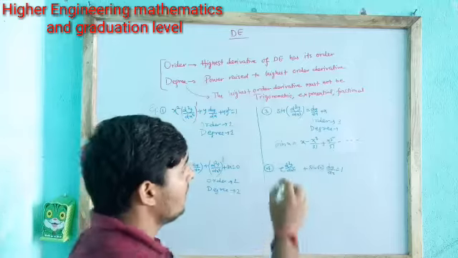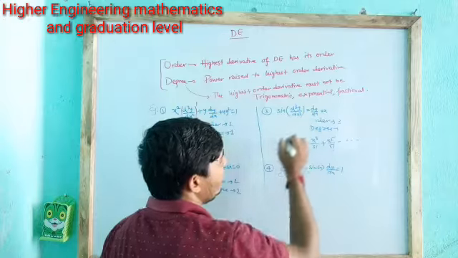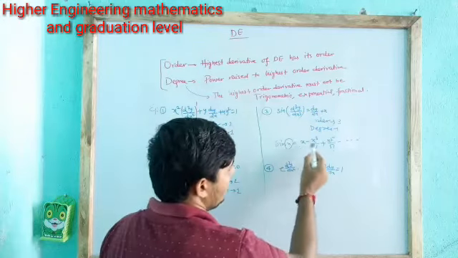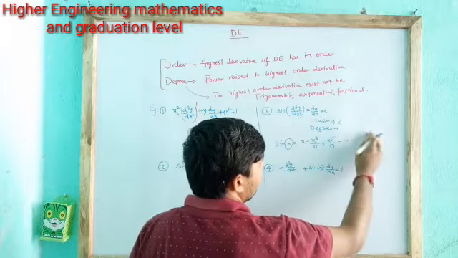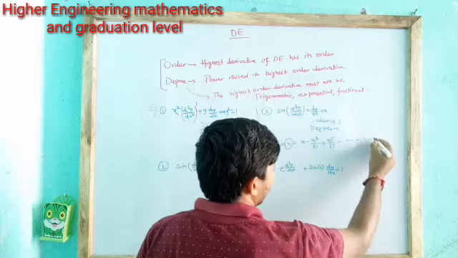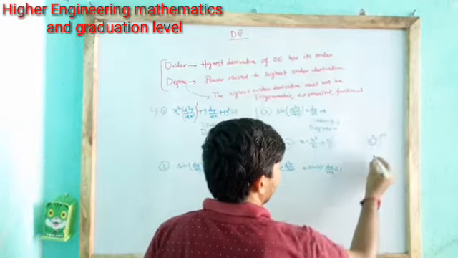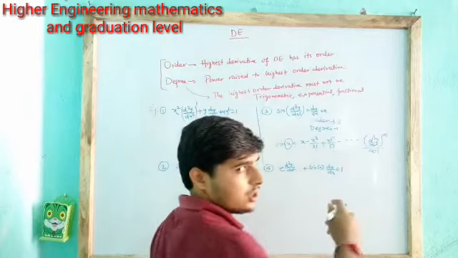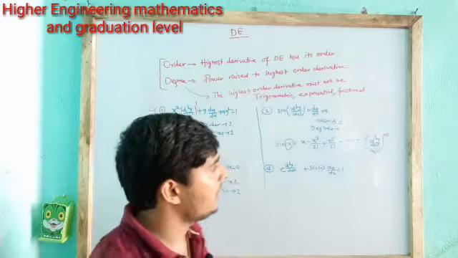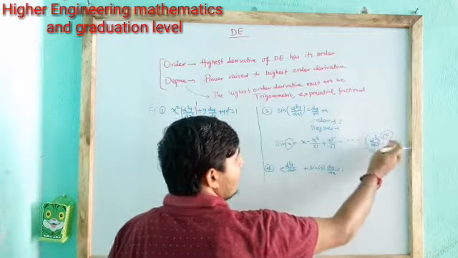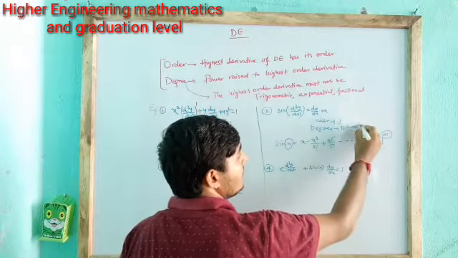When we write d3y by dx cube instead of x, we see that its power goes on increasing and certainly becomes infinity, as at last we see d3y by dx cube to the power infinity by infinity factorial, which is not defined. So we cannot say its power is infinity, so we cannot define it. So the degree is not defined. This is the condition.